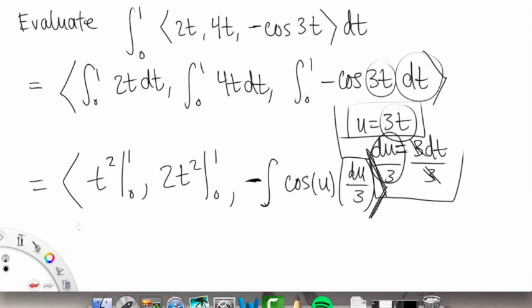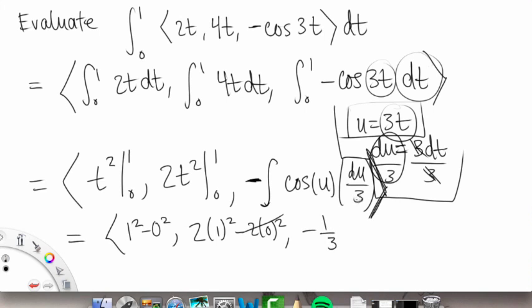Now, if we continue, we get 1 squared minus 0 squared, pretty uneventful there. 2 times 1 squared minus 2 times 0 squared, which is just going to end up being 0. And then this last one is the messiest one. I'm going to bring this 1 over 3 outside, because it's a constant.